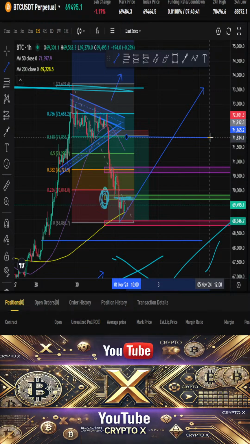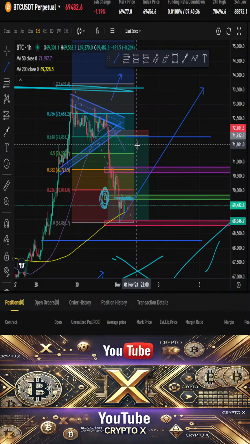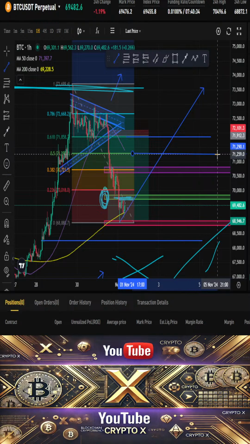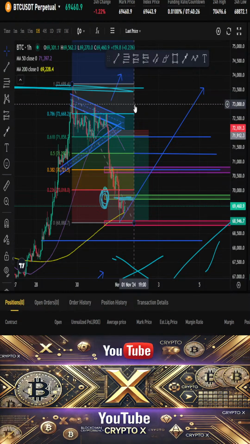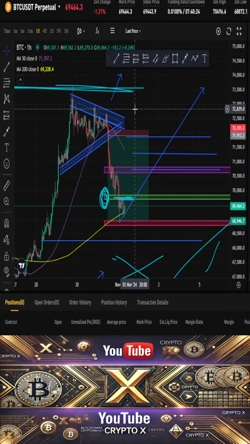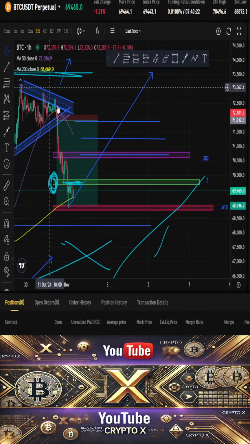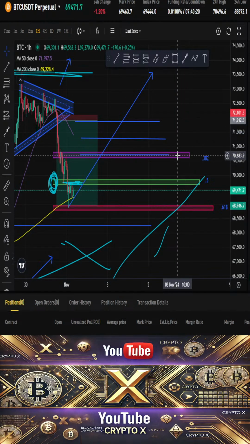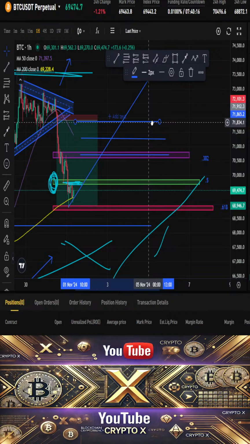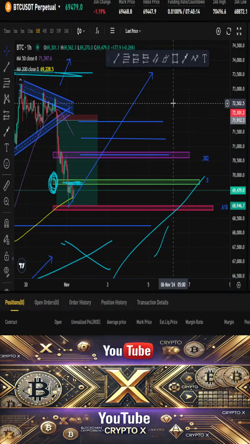So this will be the 0.8, 0.618, 0.5, and 0.318. So here are the 3 points. This is the 0.382, this is 0.5, and this was 0.618.